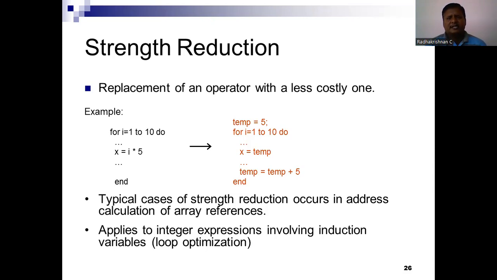Multiplication is nothing but repeated addition. Comparing these two strengths, which one is lowest? Plus is the lowest strength, multiplication is the highest strength. But multiplication is nothing but repeated addition, so the multiplication process will be replaced by repeated addition. That is strength reduction.